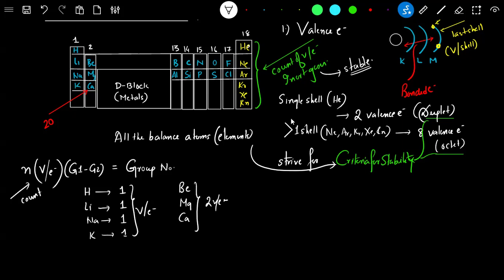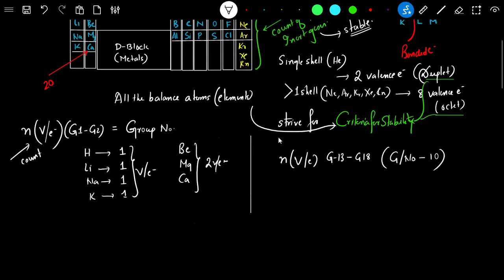Right. Now we come to the next rule. The count of valence electrons from group 13 to group 18 is given by the formula group number minus 10. This is the formula, group number minus 10. Okay? So let's see.